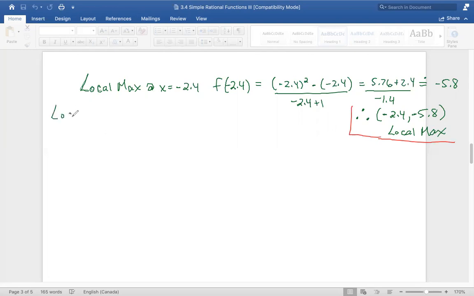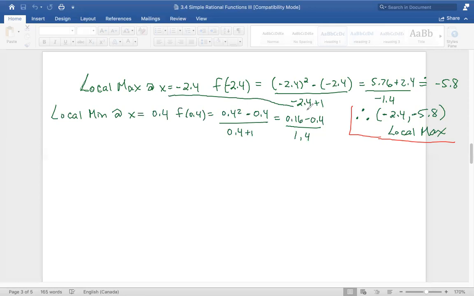And then to find out my local min, I had the local minimum at x equals 0.4. So if I plug 0.4 in for x into my original expression, I have 0.4 squared minus 0.4 over 0.4 plus 1. And there I have 0.16 minus 0.4 all over 1.4.